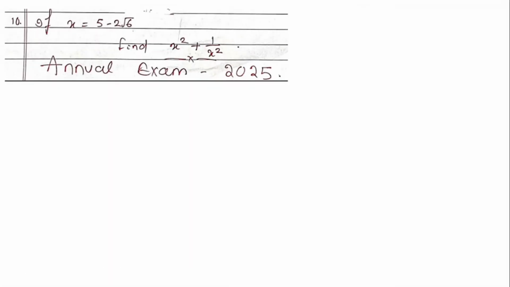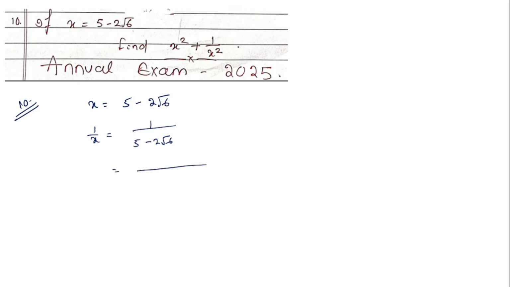Number 10 and the last number. X equal to 5 minus 2 root 6. Then we solve x square plus 1 by x square. Okay. So first we solve 1 by x. 1 by x means we can write 1 by 5 minus 2 root 6.